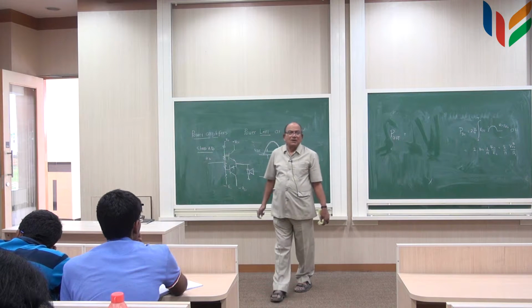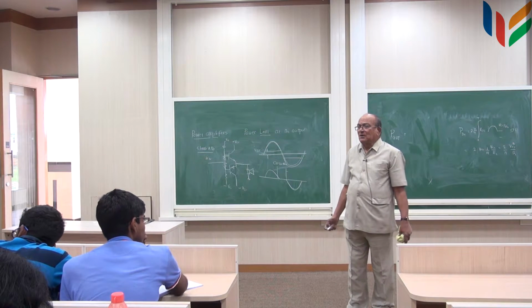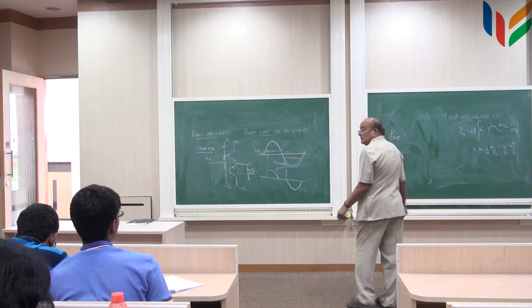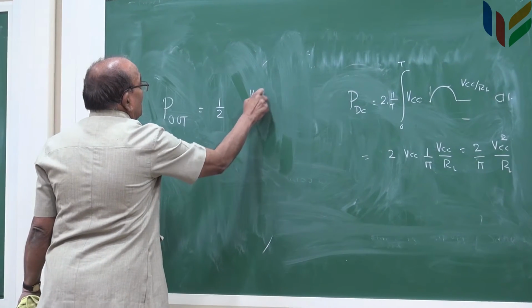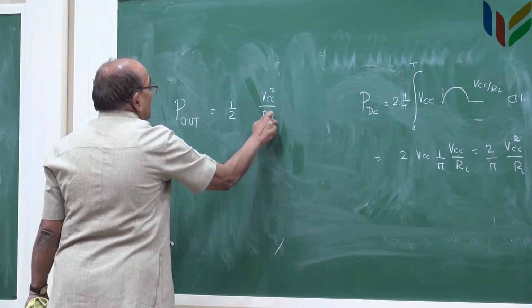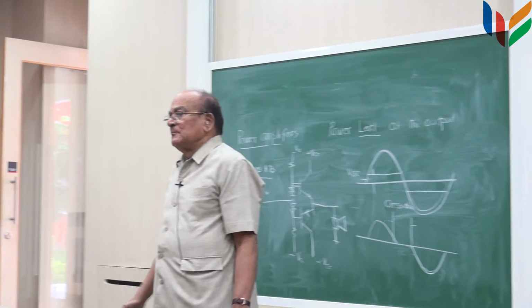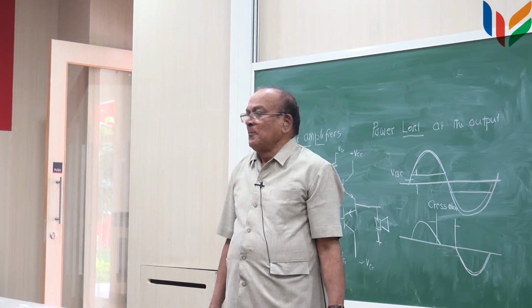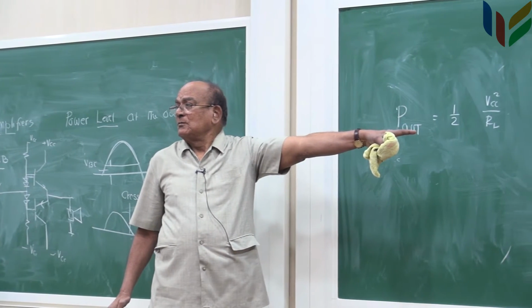So, what is the average power of a sine wave with an amplitude equal to VCC? Half VCC square by RL is the RMS power, right? So, this is my output, this is my input.